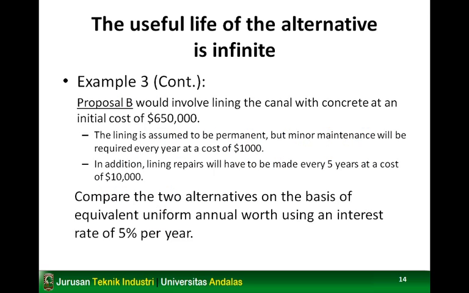That's proposal A. And proposal B will involve lining the canal with concrete, with the initial cost of 650,000, and then the minor maintenance cost a year will be 1,000, and then there is a cost for lining repairs, which they have to make every 5 years, with the cost of 10,000.